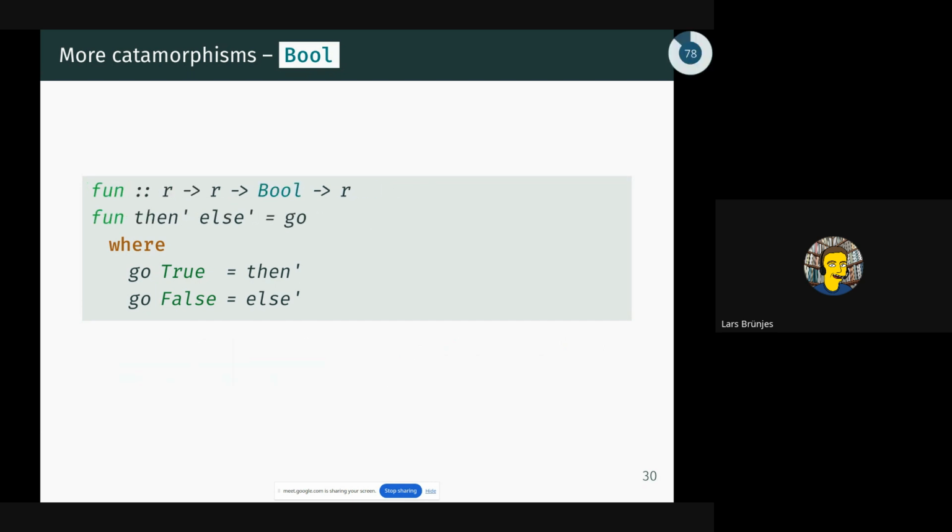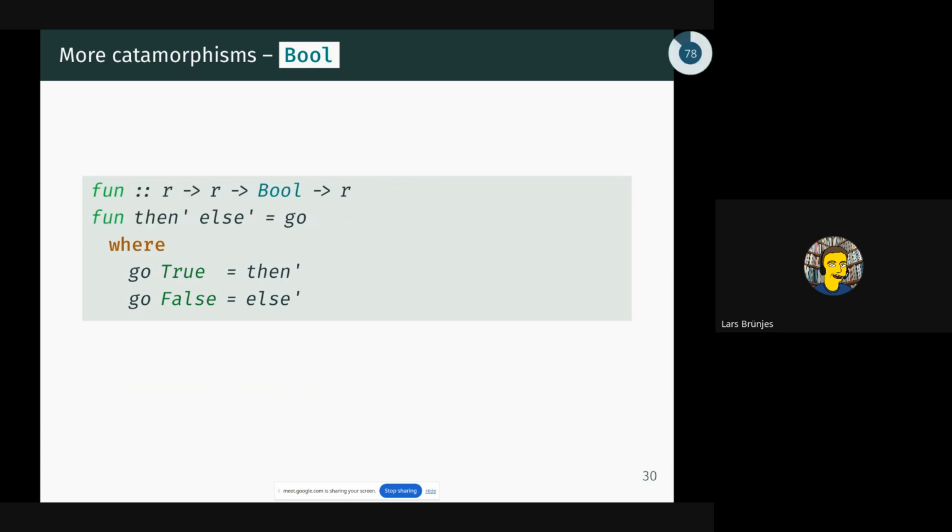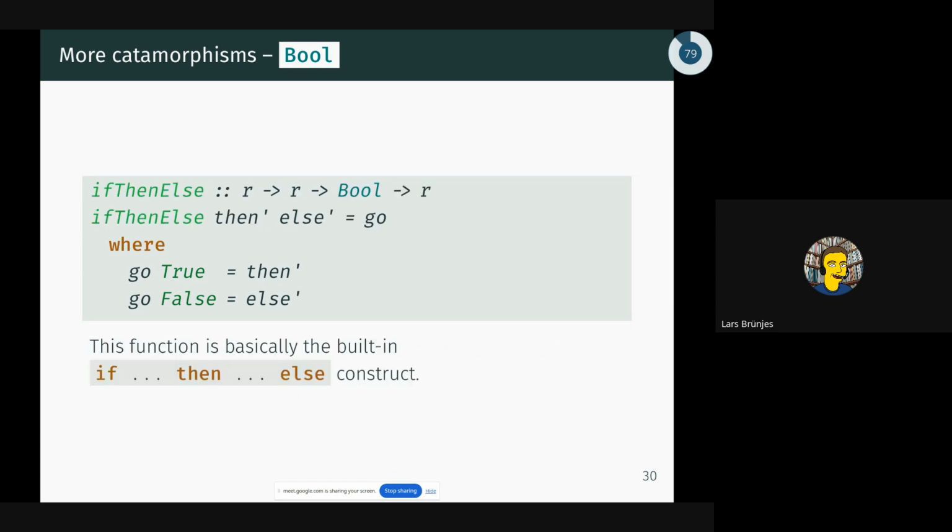And that is basically if then else. So, if instead of fun, we call it if then else, we have exactly the same thing. That means that what we did for lists to arrive at foldr, when we do the same for bool, we get to if then else.